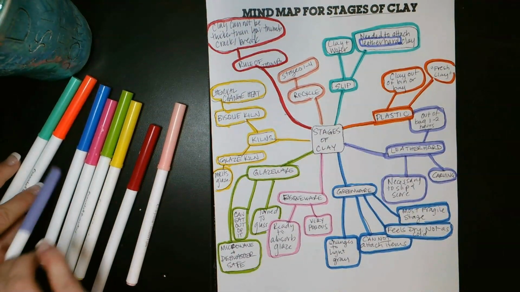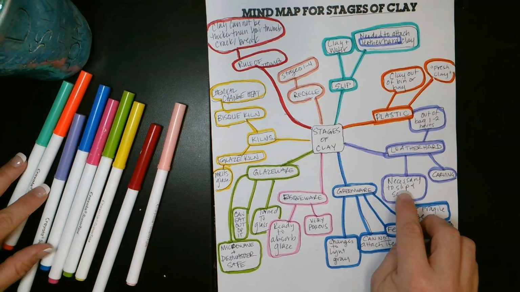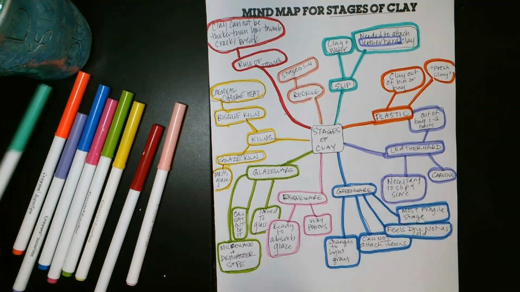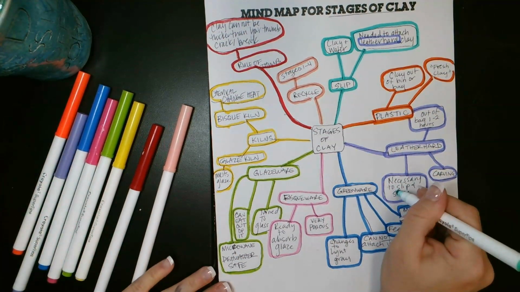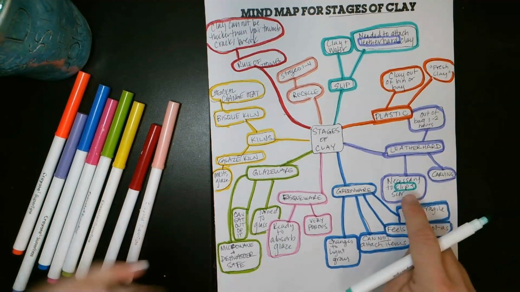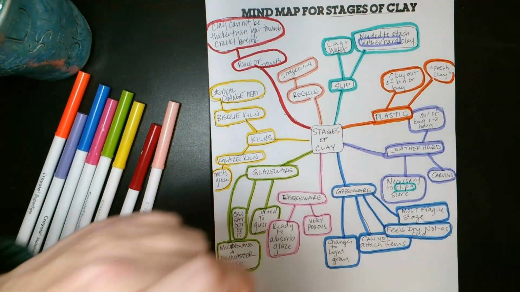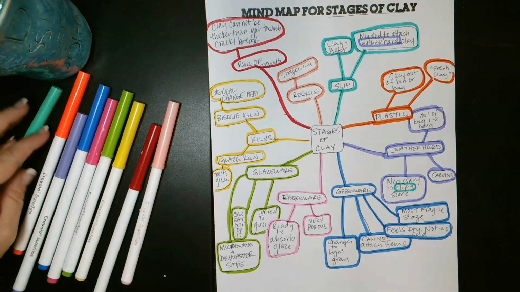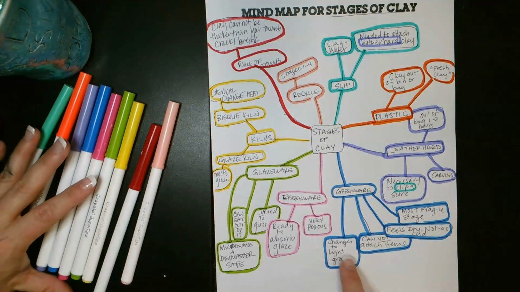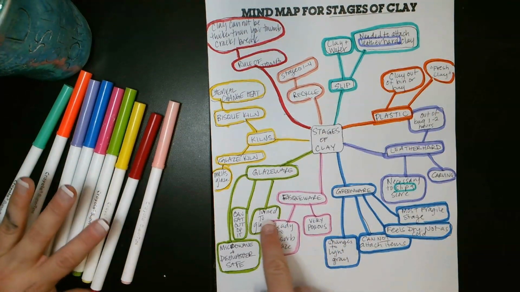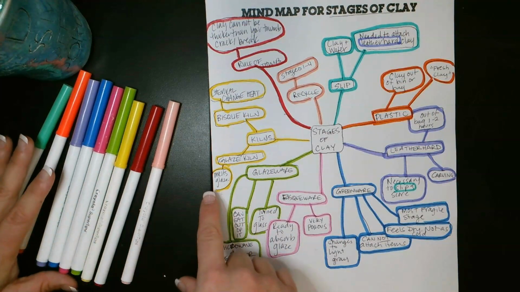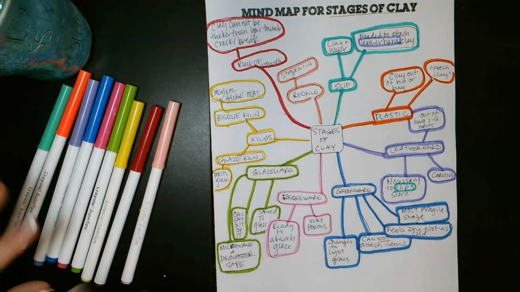And then if I ever see another one, like the word slip is here in leather hard, well, that makes sense since I'm mentioning each other, right? And then I'm just going around and seeing if I see any other words that cross over or interact. I don't see it at this point.